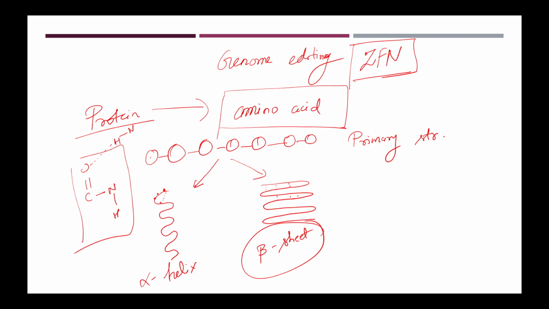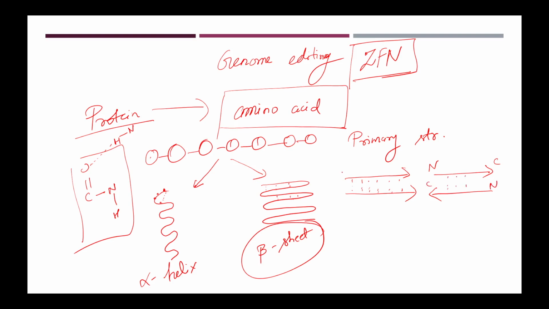However, in beta sheets, generally two amino acid chains are involved. One chain of amino acids and another chain of amino acids are joined together, making a beta pleated sheet. One has the amino terminal on this side and carboxy terminal on this side; another has the amino terminal on this side and the carboxy terminal on this side.